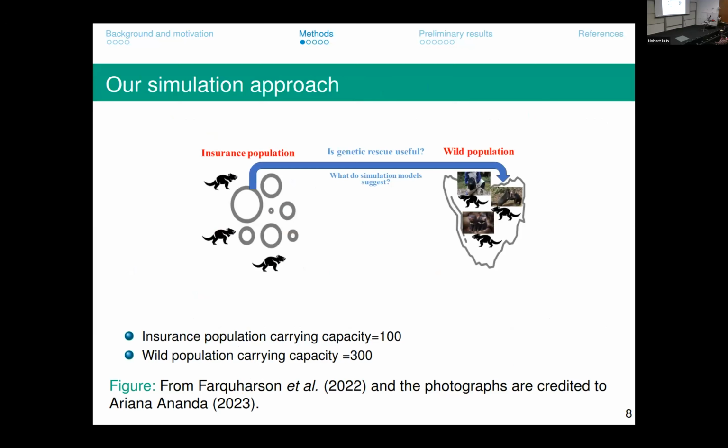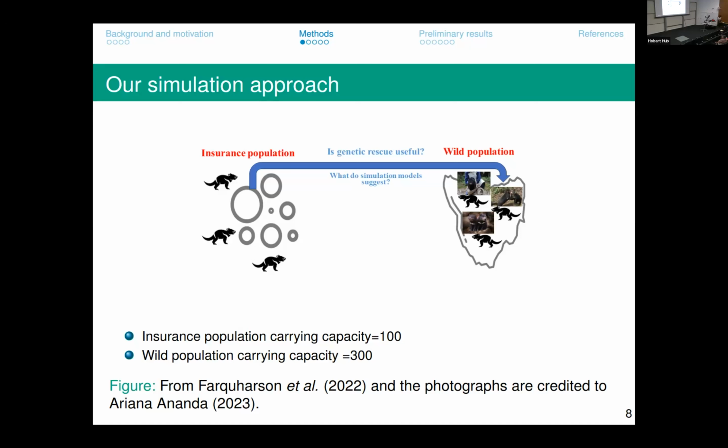In our simulation approach, we have two populations. One is the insurance population, which is without disease and evolving naturally. The other is the wild population, which is suffering from an infectious disease. In the wild population, we assume the population will start adapting against the disease.